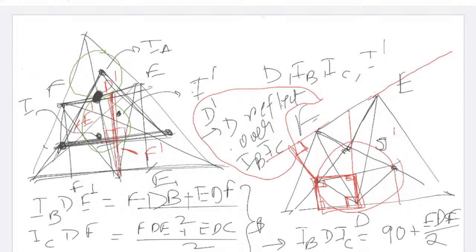Right. So I think I got problem five. Okay, I'm gonna have to seriously try problem six though.